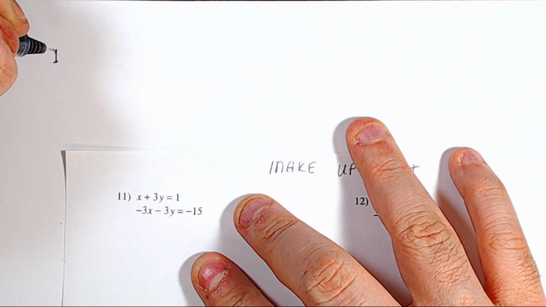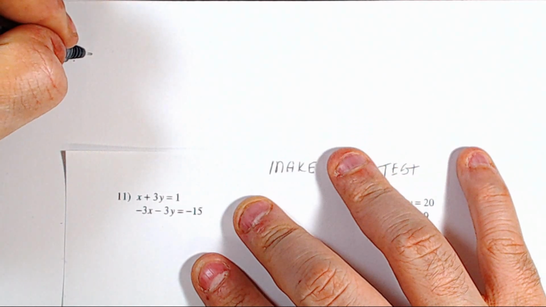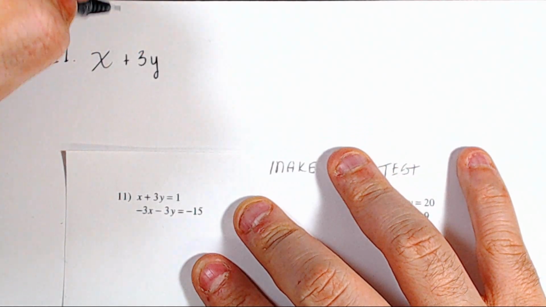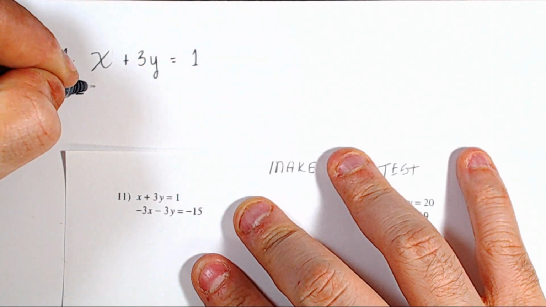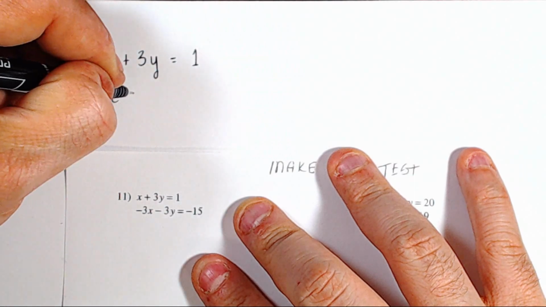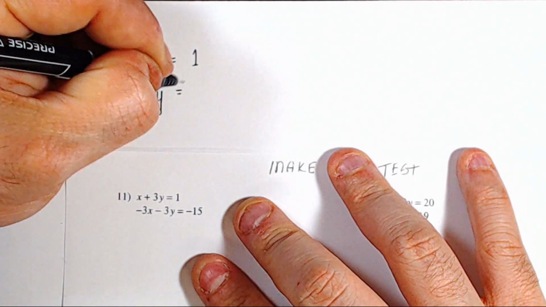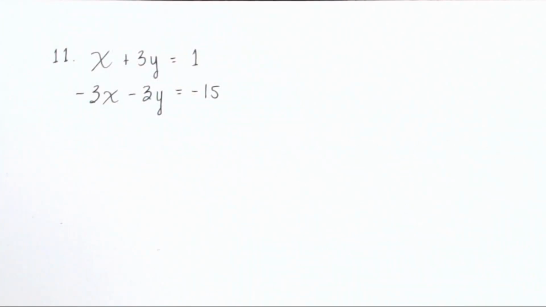This is number 11. x plus 3y equals 1, and negative 3x minus 3y equals negative 15. Okay.